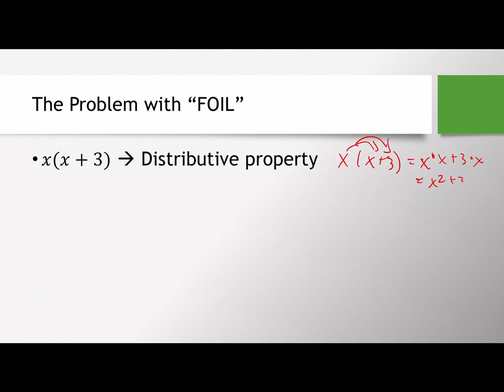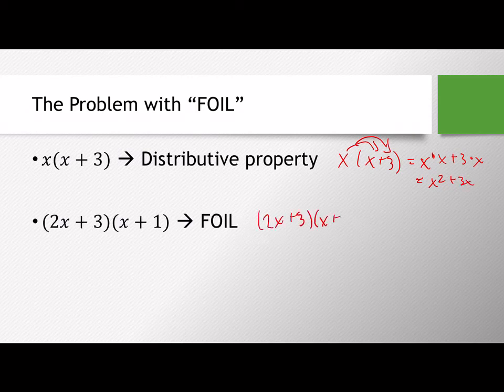Now when we're doing FOIL, we do 2x plus 3 times x plus 1 with FOIL. So we do the firsts, the outers, the inners, and the lasts. FOIL is an acronym for the order in which you do this.